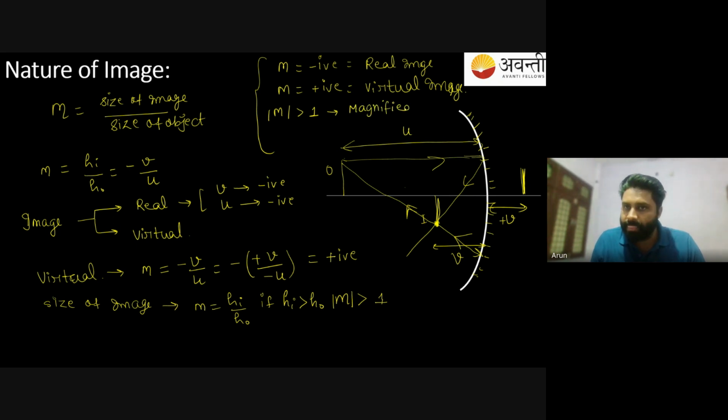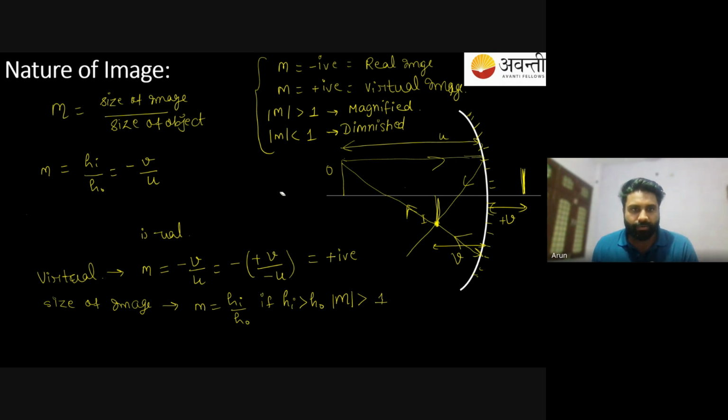And in a similar way, mod of m is less than 1, then height of image is less than height of object, then we have a diminished image. Diminished means smaller than the actual one. Diminished image we get. Got it?